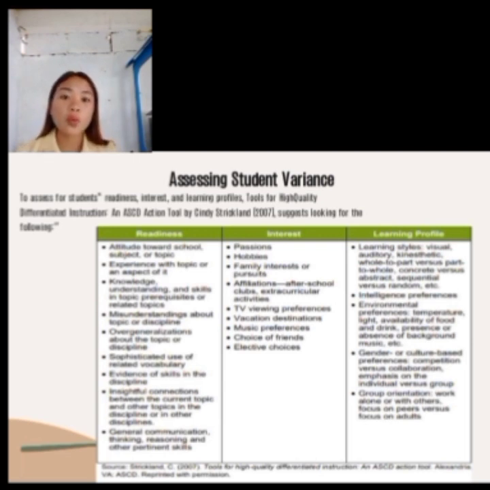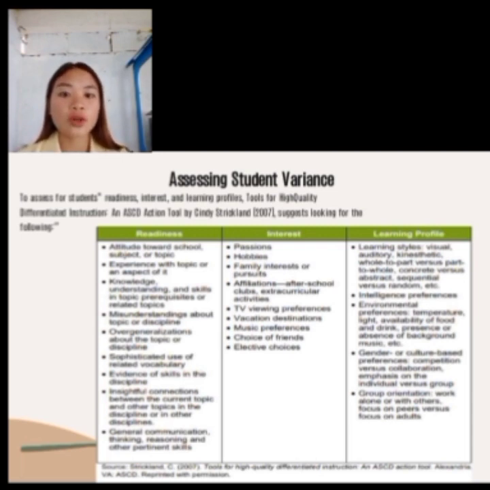In that way, we can say that students have an interest to learn. It is because they have hobbies toward their school, family interest, or pursuit, where their parents or family have an interest that they pursue in school.